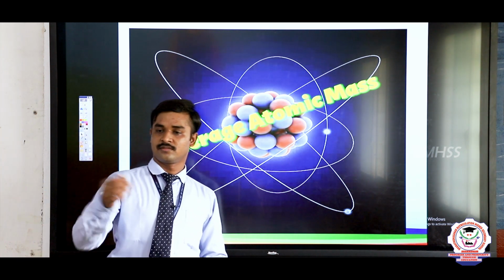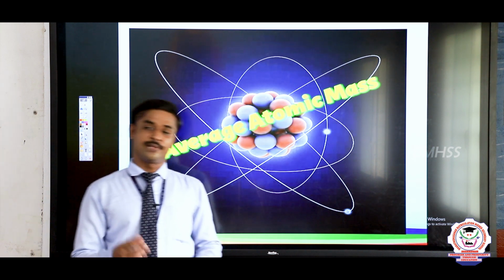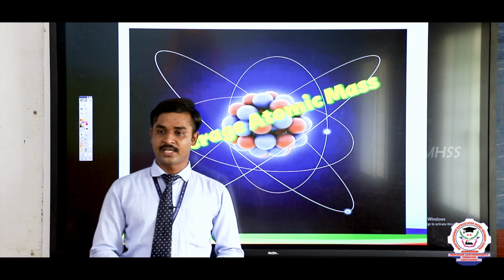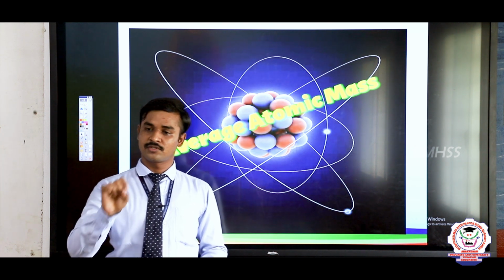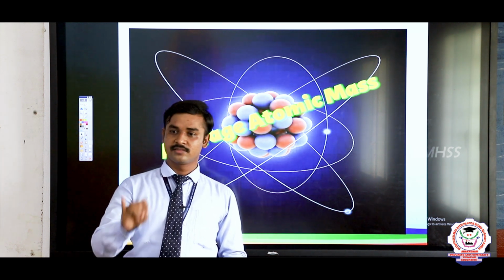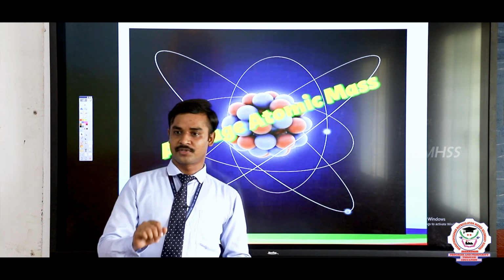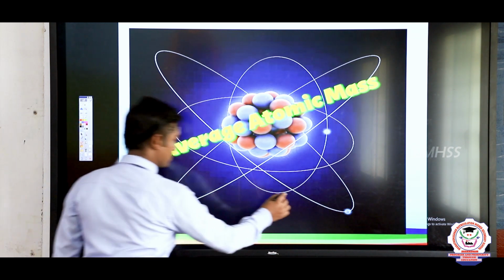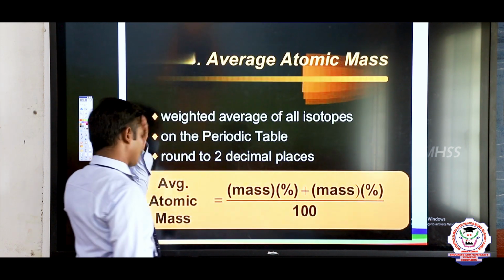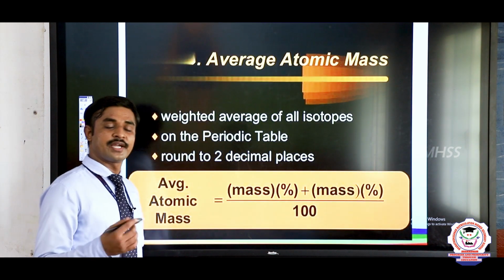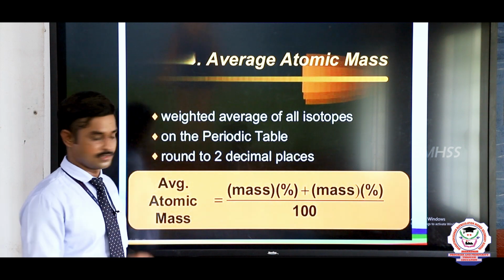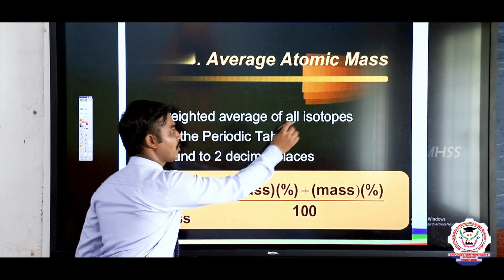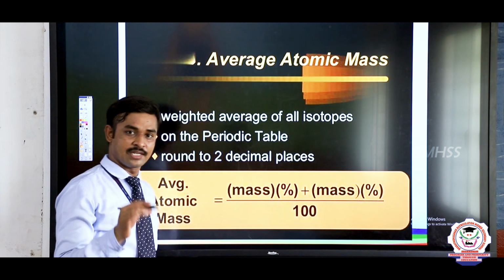Sunil, can you tell me the isotopes of carbon? Yes, there are three isotopes of carbon: C12, C13 and C14. Good. Now let us see how we can find the weighted average of isotopes. Average atomic mass is the weighted average of all isotopes of the required element.